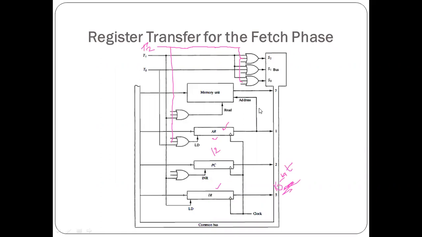If it is not D7, it goes by memory reference type, which reads the memory unit for the data item. So during T3, memory read can happen if it is a memory reference. If it is an IO reference or register reference, execution of the instruction happens during T3. That is explained in the next slides.